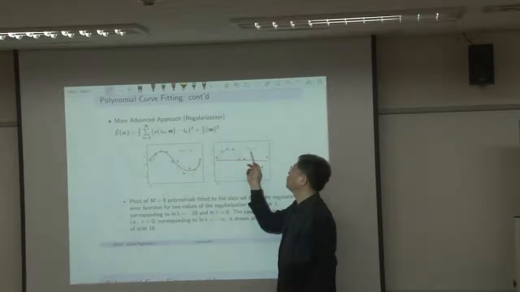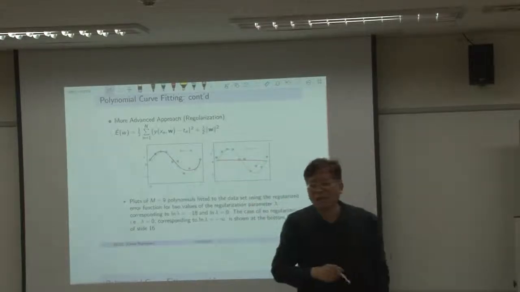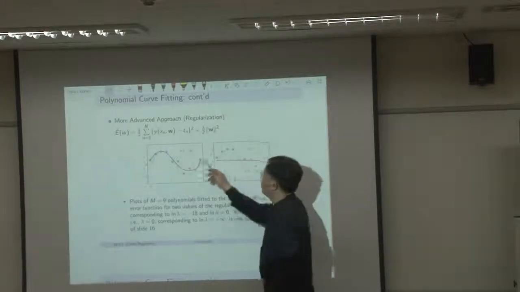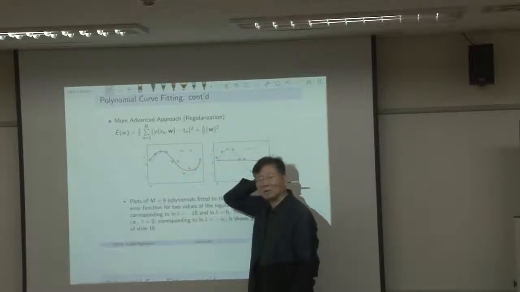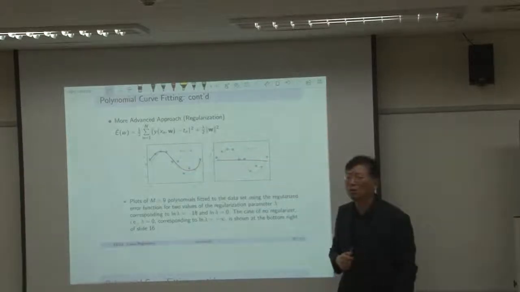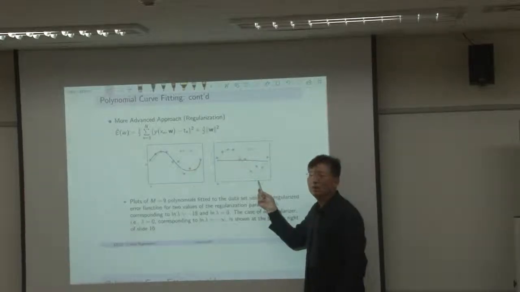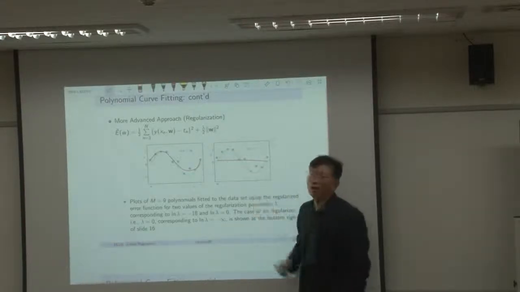But what happens if I do this? Log of lambda equals 0. So what is lambda? e to the 0 is 1. Compared to that, 1 doesn't seem like a large number. But what happens here with this ninth order polynomial? It's not moving at all.